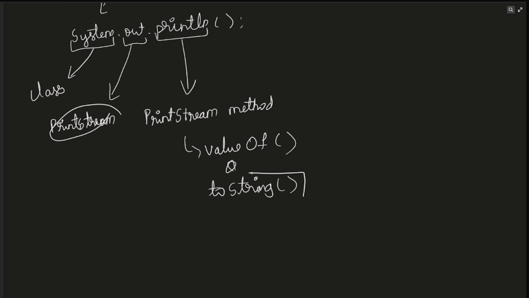And this toString method is called to convert any data type to a string data type. That's the reason, irrespective of what type of data is passed to the println method, at last it gets converted to string data type and gets printed on the console. This is out of topic, but I just thought of explaining.